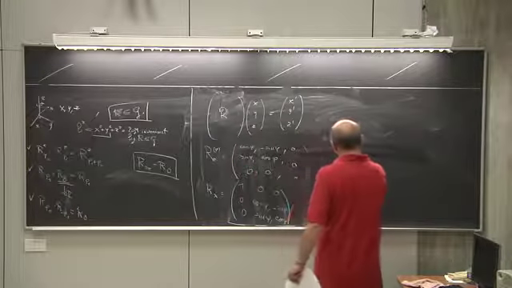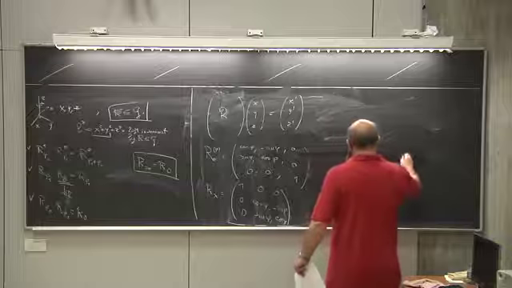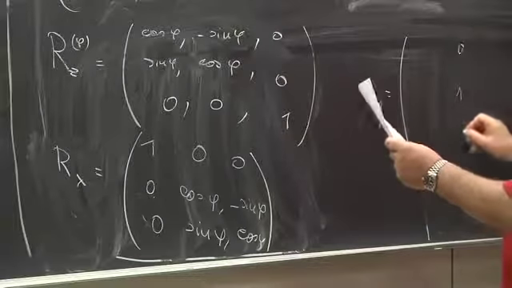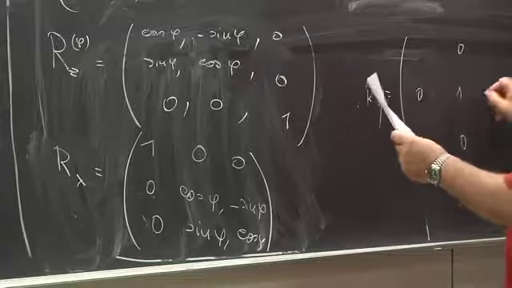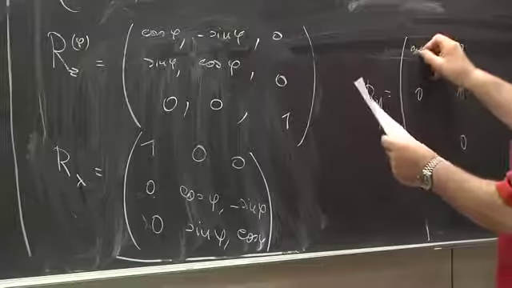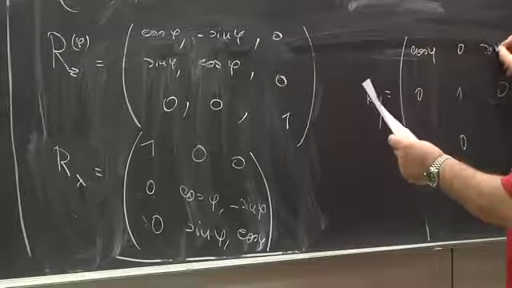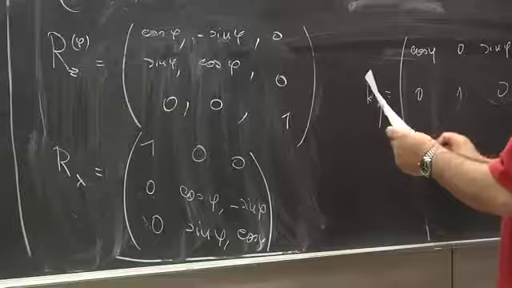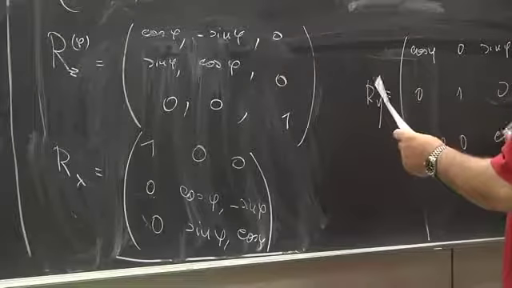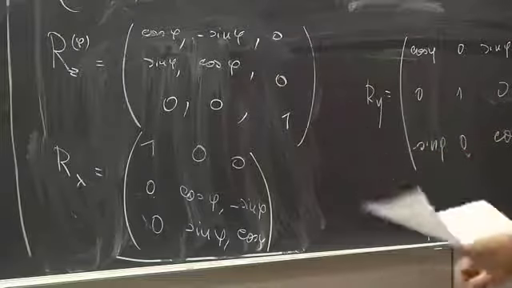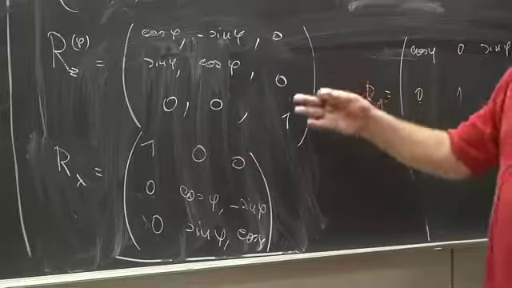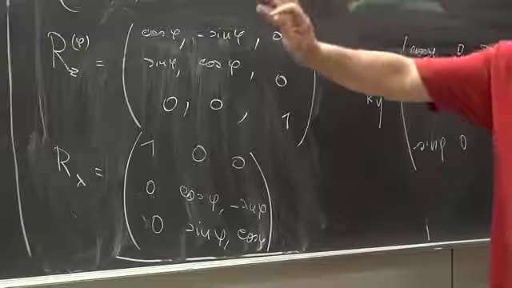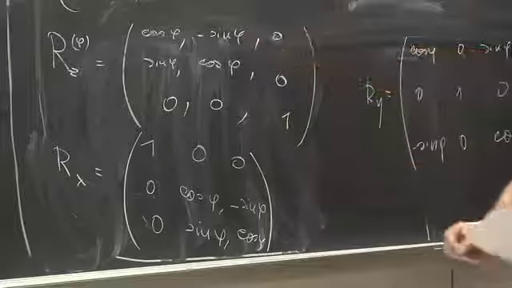Now you want a rotation along y, it has to leave y invariant. So it has 0, 1, 0, leaves y invariant, and then you have cos phi, sin phi, minus sin phi, cos phi. So rotations are realized, or represented, here by 3 by 3 matrices.